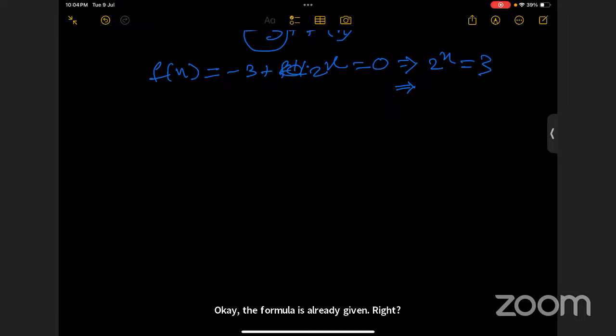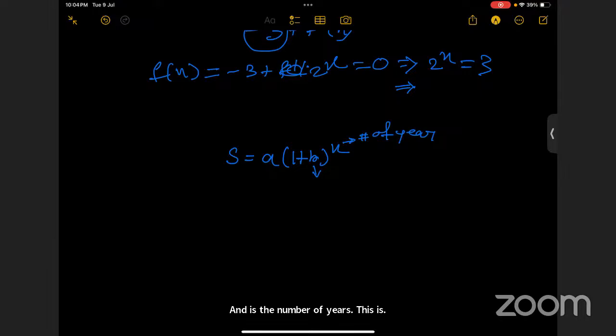Yes, ma'am. The formula is already given, which is A equals 1 plus r to the power n, where r is the increase rate per year. N is the number of years. And S is the value of one share, 1,000. So A is also given. What is A? It is the present value.